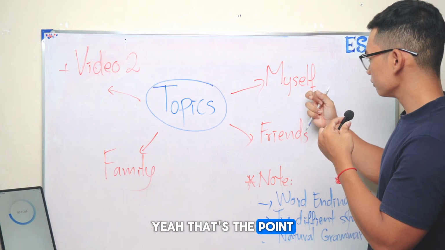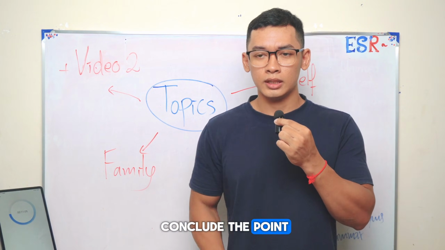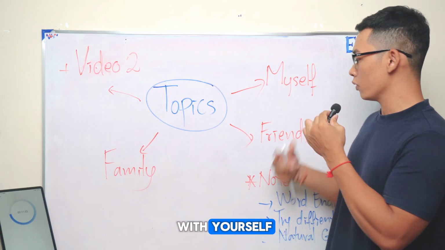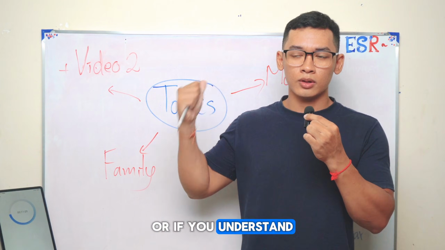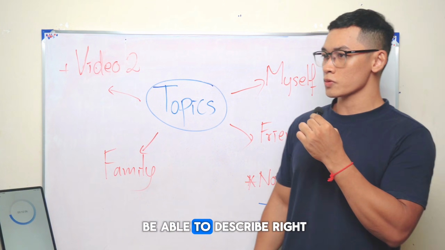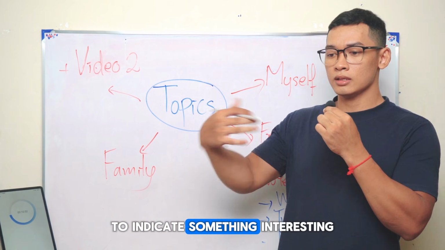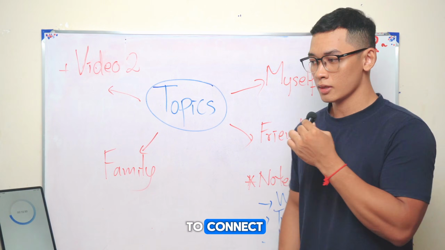Yeah, that's the point. So, to conclude, if you speak English with yourself, or if you understand yourself a lot more, I think you will be able to describe and indicate something interesting that you would like to connect.